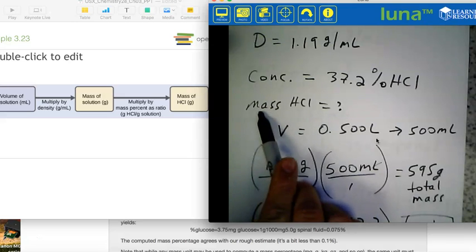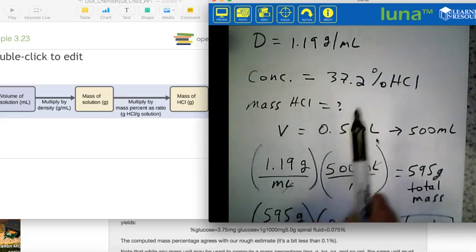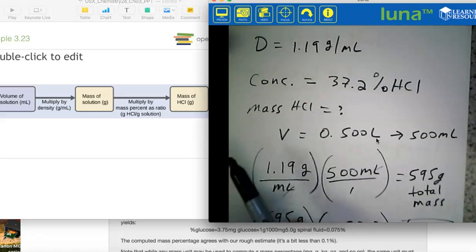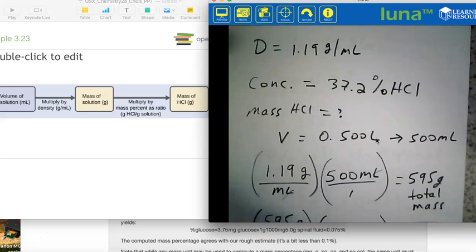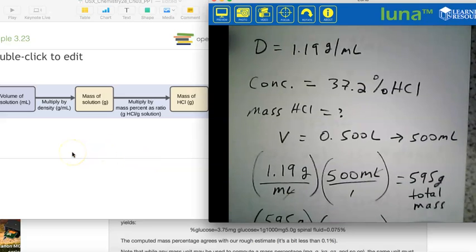They're asking for the mass of hydrochloric acid in the solution. Okay, so notice they gave me the volume of the solution and the density. So if you look at our flow chart here, it says if you have the volume of the solution, you multiply by the density to get the mass of the solution. Okay, so that's what I'm going to do here.